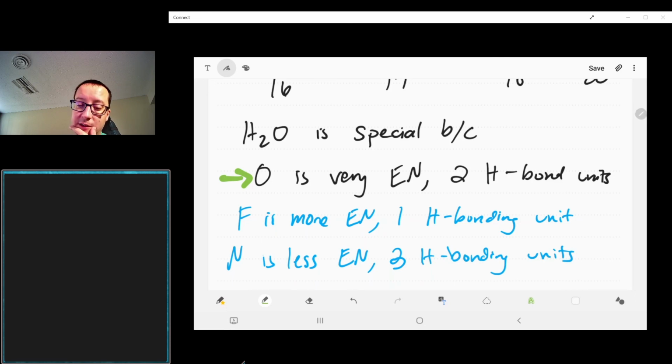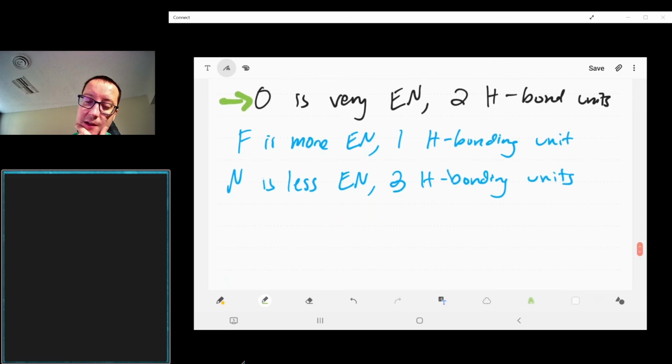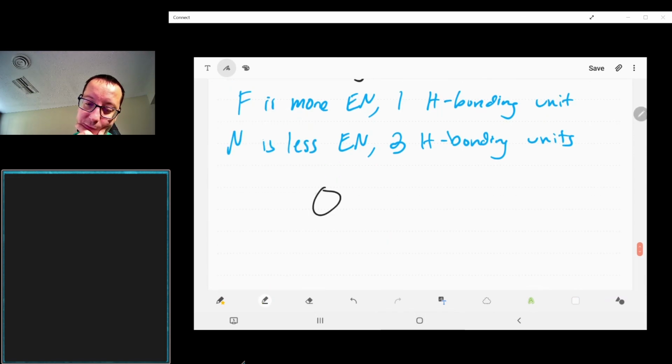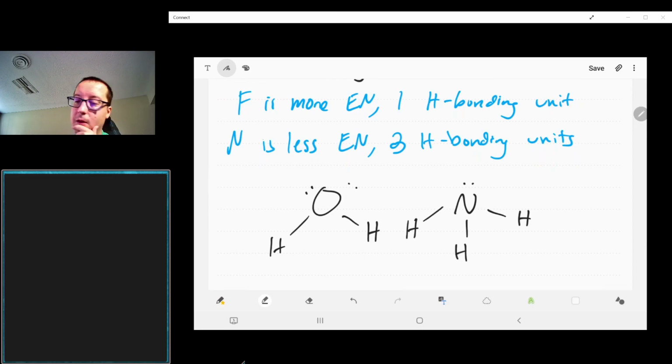What's also interesting is that oxygen, if we kind of draw these, we're going to see it's the lone pairs that are going to be interacting with the hydrogens on other molecules.